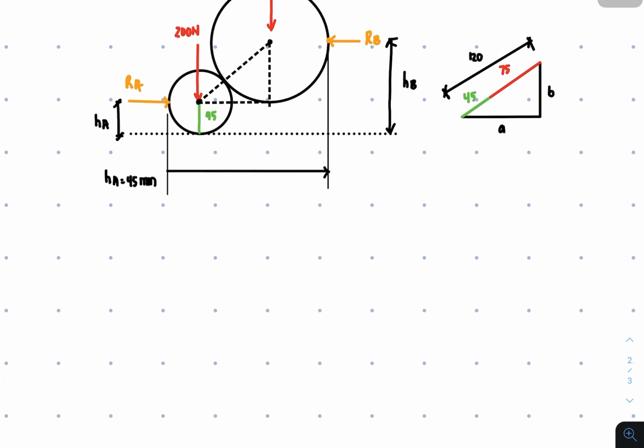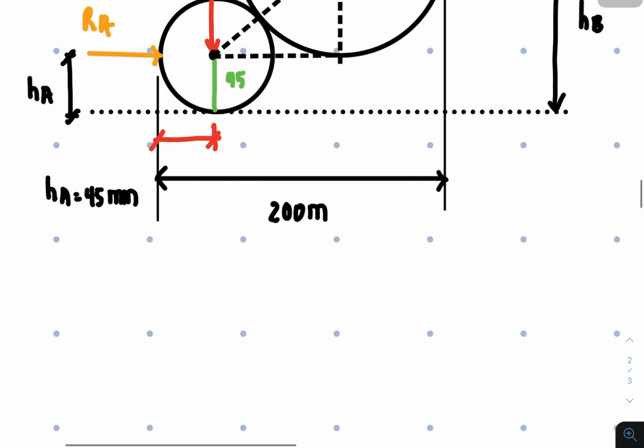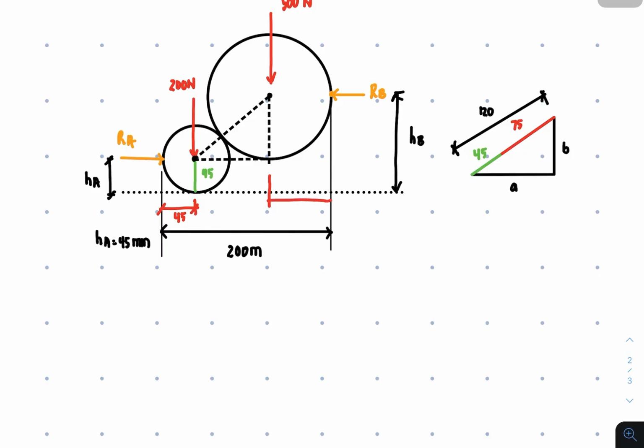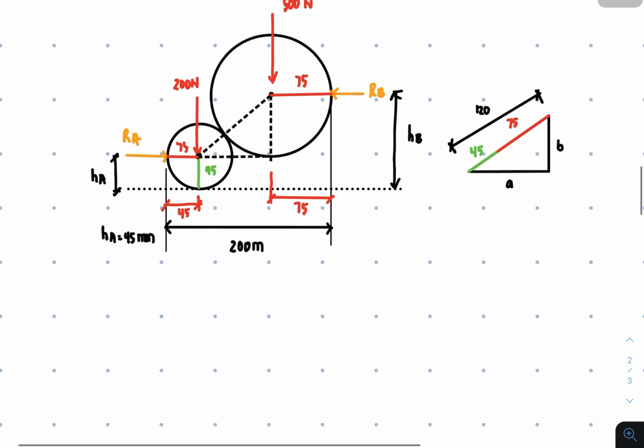The length of the cylinder is 200 millimeters. But what is this length equal to? This length is equal to 45, while this length here is equal to 75, because this is the radius 75 and this is the radius 45.